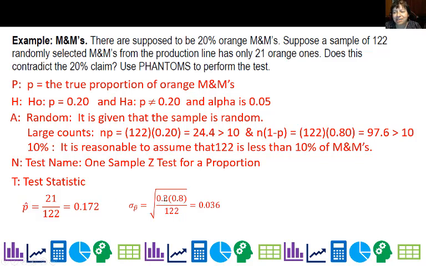But on a test, we're testing that p is 0.20. So that's what we have to use. So make sure you use the hypothesized value here, and there's your standard deviation. Then we calculate our test statistic, which is our statistic from the sample minus our parameter over the standard deviation for the parameter. And we get a z-score of negative 0.778.